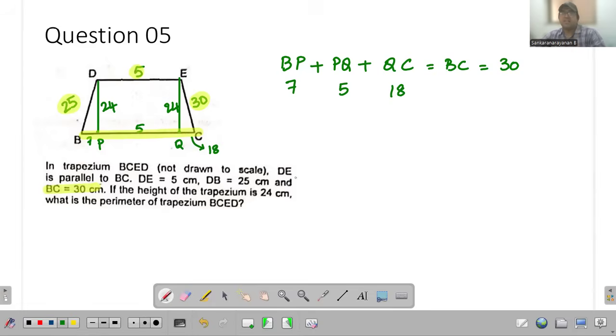So it's all about adding 30 plus 30 plus 30, and that gets you the perimeter of the trapezium. I can see the answer. It will come here as 90 centimeters. Got it? So as far as our fifth question is concerned, 90 centimeters is going to be our answer.